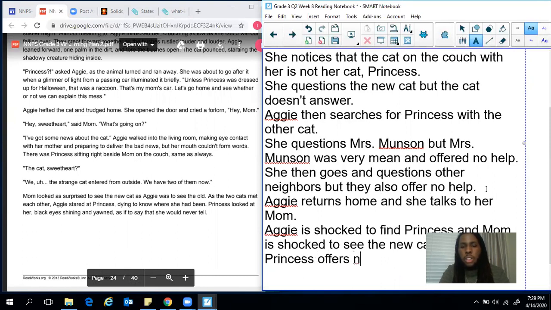Princess offers no explanation for where she has been. That's the end of the story.